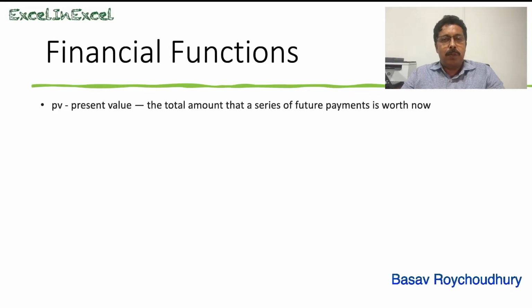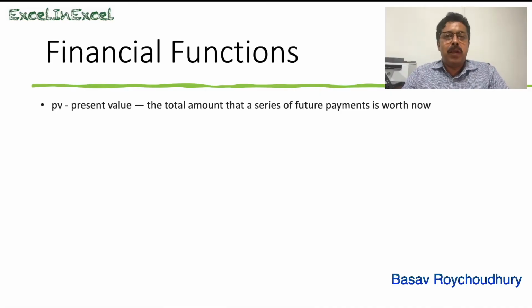And because these two things are different, one I am depositing and one I am taking as a loan, they have a different connotation, so present value also has a sign convention. In fact, all the payments in Excel have a sign convention. It can be plus or it can be minus. For me, it's easy to remember that anything that goes out of my pocket is minus to me, and anything that comes to my pocket is plus to me.